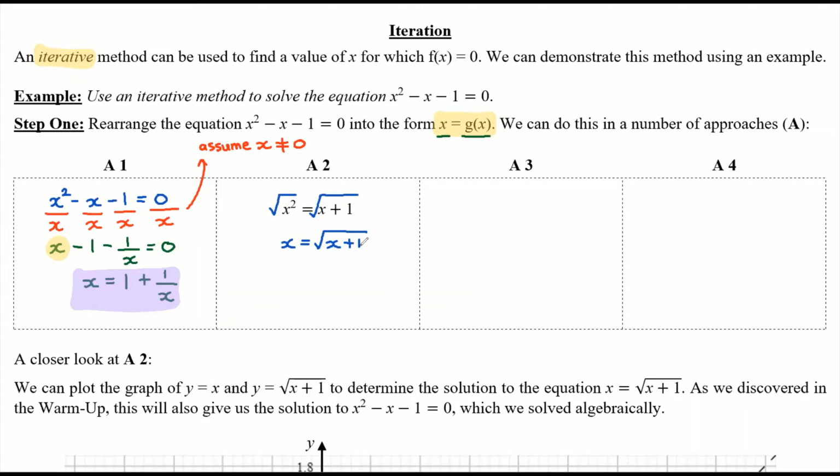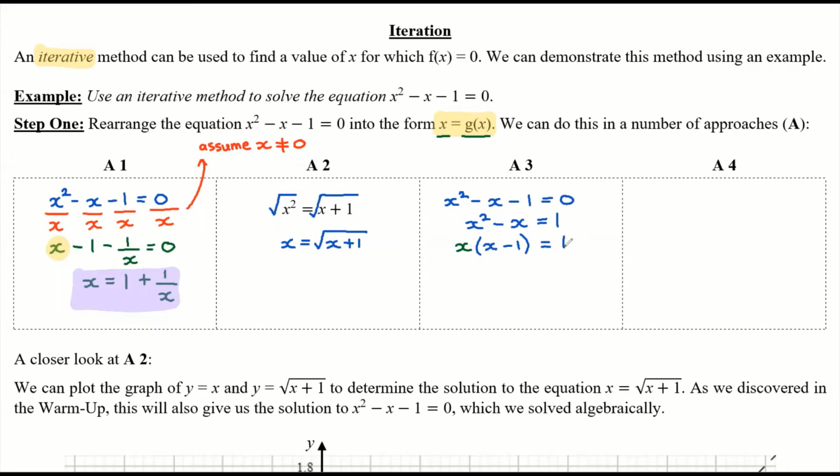Now the third way we can do this, again I'll write out the equation: x squared subtract x subtract 1 is equal to 0. I can use a factorization. But first, I'm going to add 1 to both sides. So we have x squared subtract x is equal to 1. Then I can factor out an x on the left-hand side, and what I'm left with is x times (x subtract 1) is equal to 1.